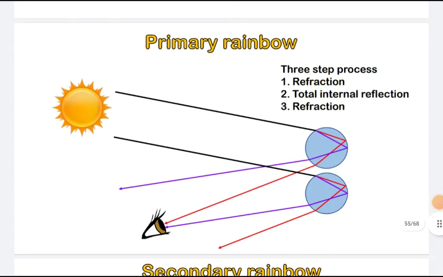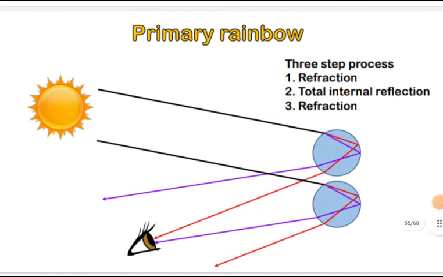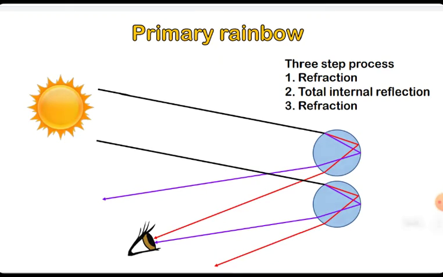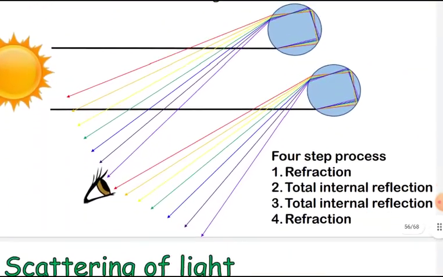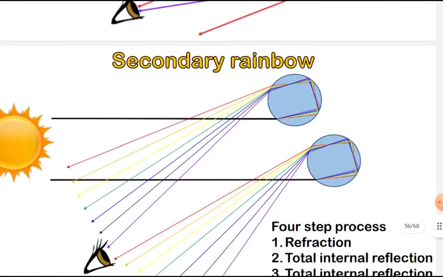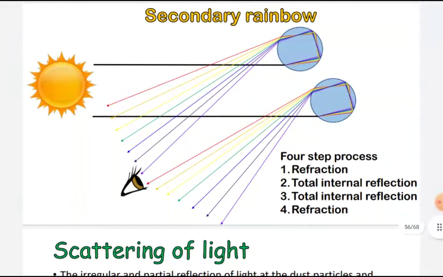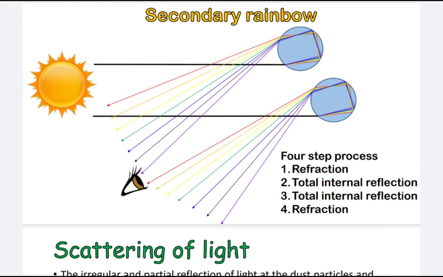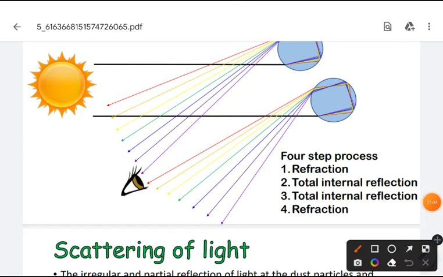I'll check that and I'll comment that in the comment box. For the secondary, I think it's refraction itself in the third step. First is refraction, then total internal reflection, total internal reflection, then refraction.